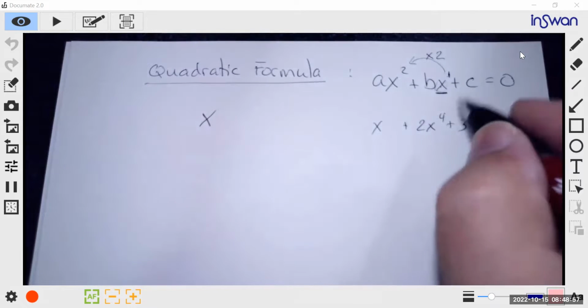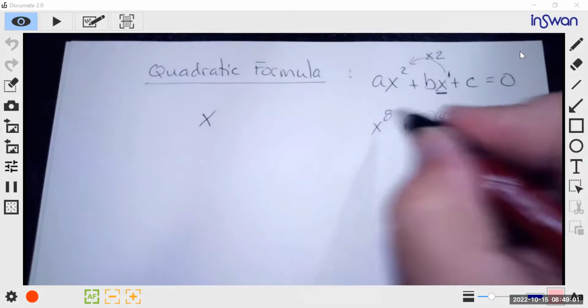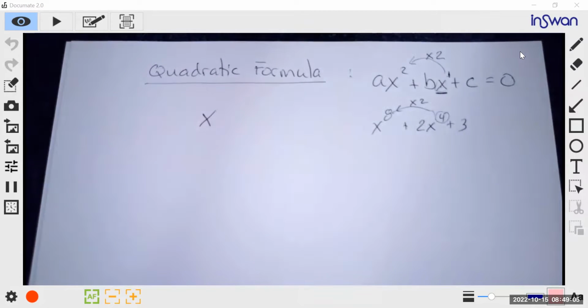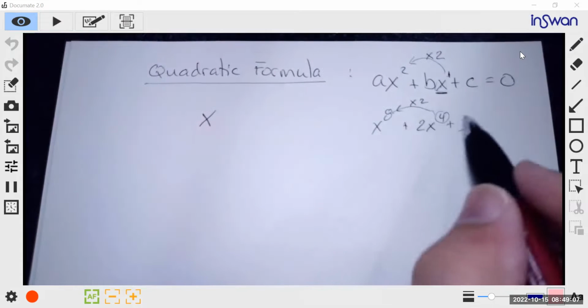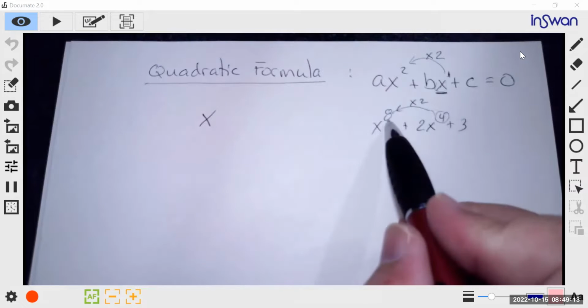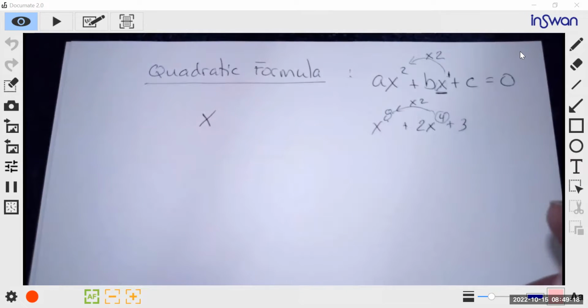Multiply by 2. So if that's a 4, this one would have to be an 8, because you have to multiply by 2. If it's in that form, then you could use the quadratic formula. As long as the first x is 2 times bigger than the middle x, then we're in good shape.